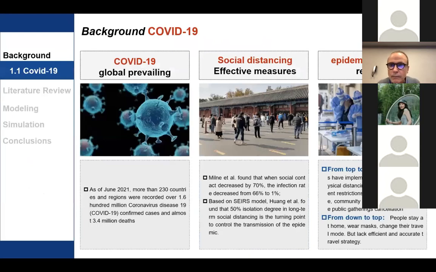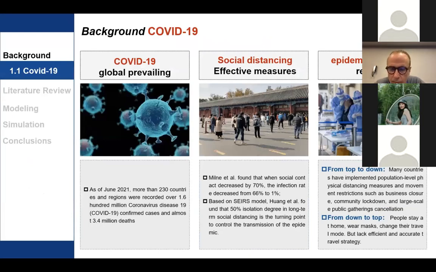First of all, COVID-19 is responsible for a global pandemic. Previous studies demonstrated the effectiveness of social distancing. When social contact decreased by 70%, the infection rate decreased from 66% to 1%.